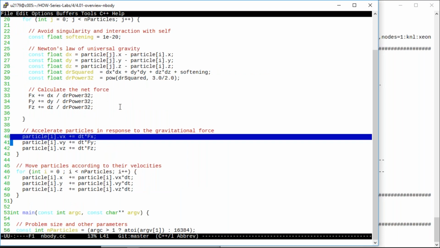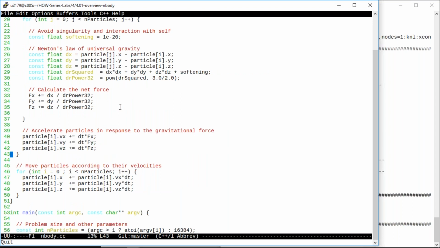This is suspicious. We are writing to memory, but because we are parallelizing the loop in I, different values of I go to different threads. So we will not have different threads writing to the same memory location. So we are safe. And here, the parallel loop actually ends, and we have this loop to process.